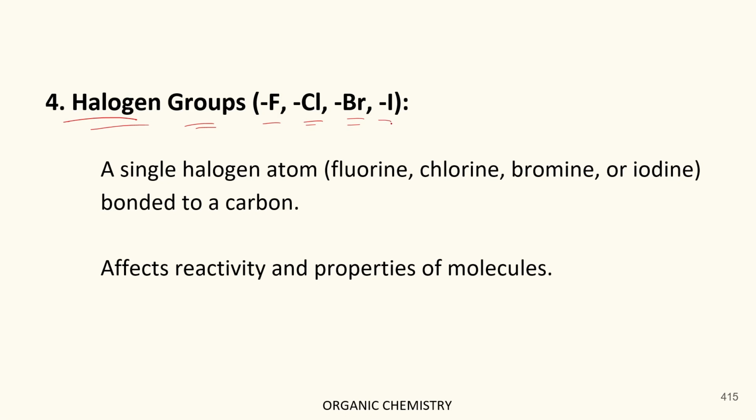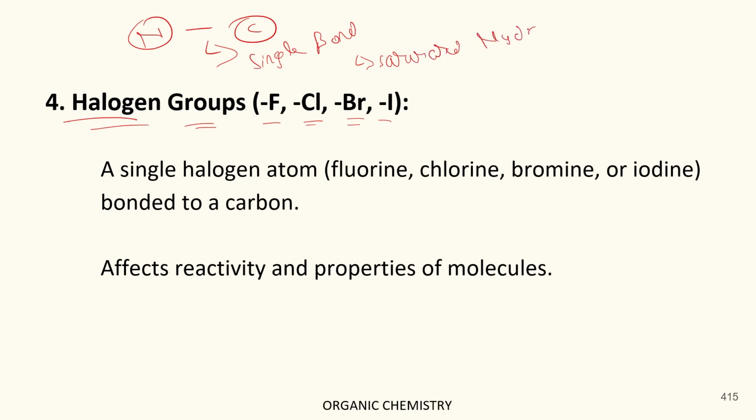The fourth one is the halogen group, represented by these symbols. You can write down these symbols: single halogen atoms, fluorine, chlorine, bromine or iodine, bonded to a carbon. Because it is a single bond, it will have only saturated hydrocarbon.